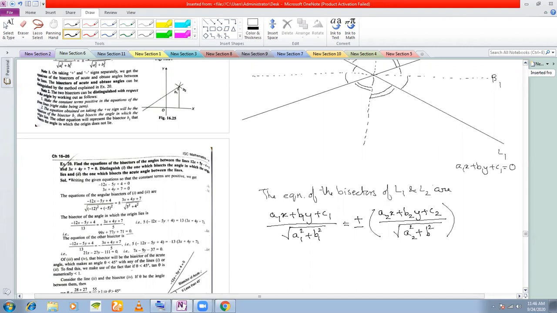If you take the plus sign, you get the equation of one bisector. If you take the minus sign, you get the equation of the other bisector.